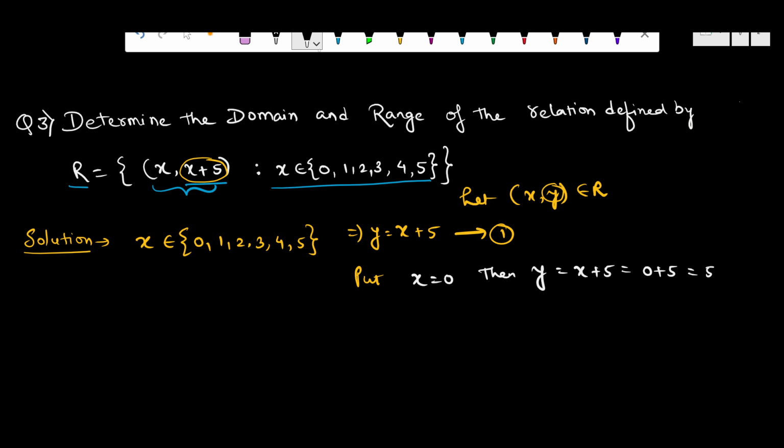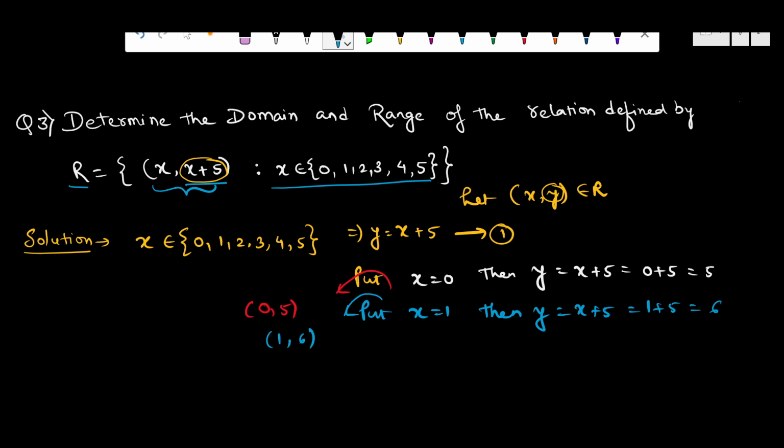So we get the first pair from here as 0, 5. Next, put x equals 1, then y equals x plus 5, which is equal to 1 plus 5 is 6. We get the second pair from here as 1, 6.